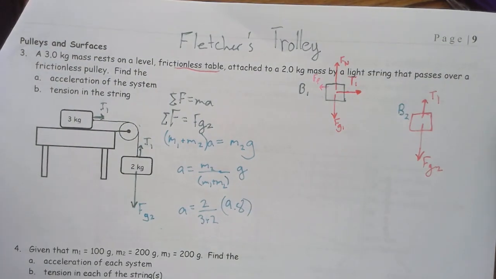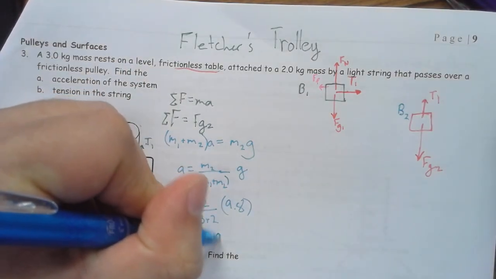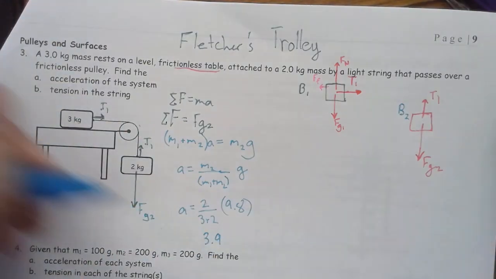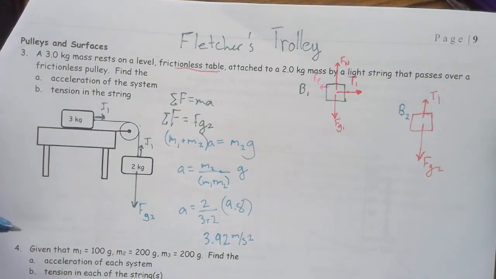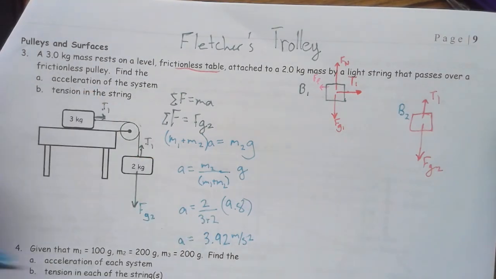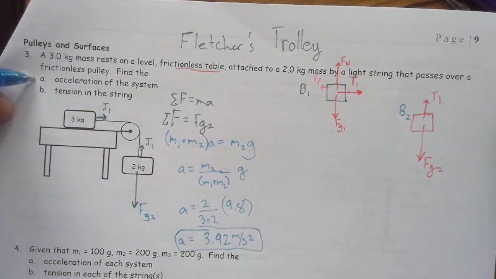Two-fifths of 9.8 is about 4/10 of 10. So yeah, 3.92. Is that the decimal? Meters per second squared. So we have the first part. We have part A, the acceleration.